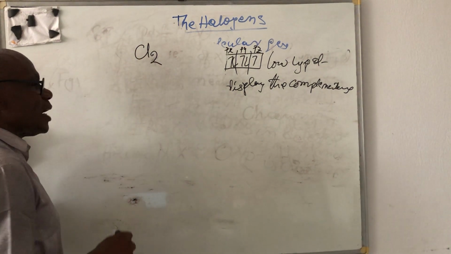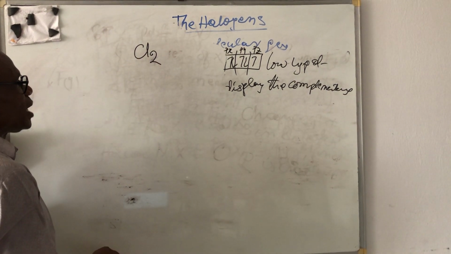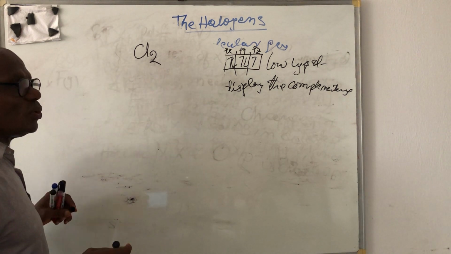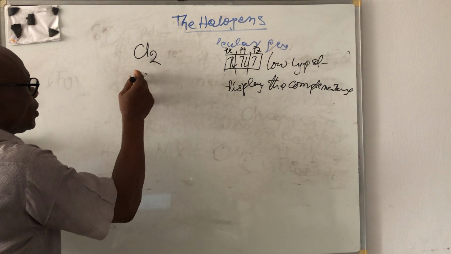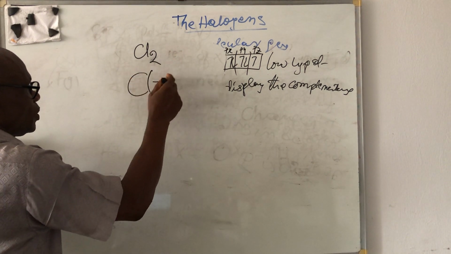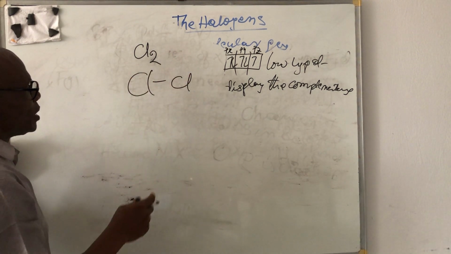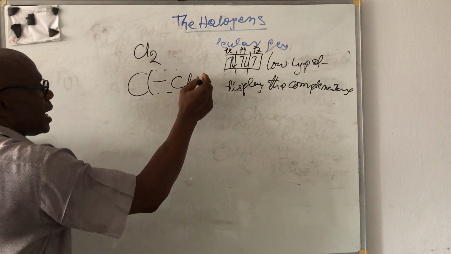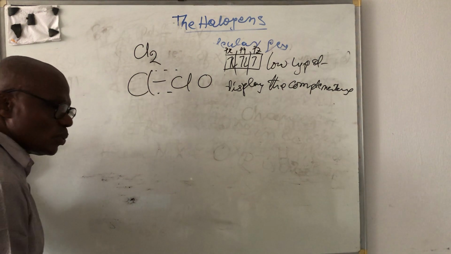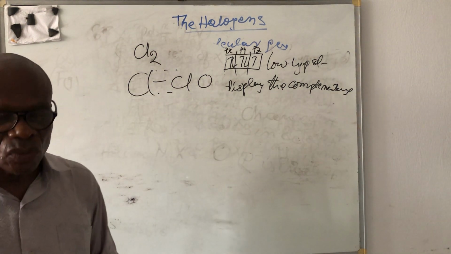Homonuclear, showing that there shall be no charge separation, no electronegativity disparity. Therefore, you have chlorine, chlorine, with no charge separation, and here it has a zero oxidation state.